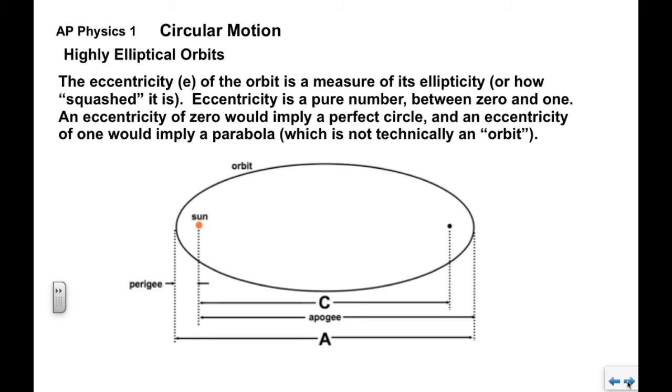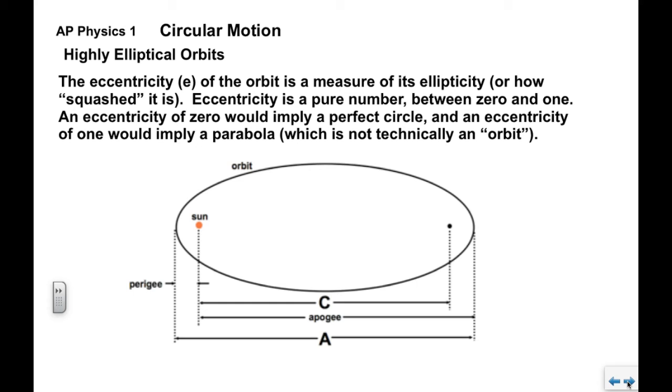The eccentricity of the orbit, which is given the symbol lowercase e, is a measure of how elliptical it is, or how squashed and elongated it is. Eccentricity is a pure number between 0 and 1 for our purposes. An eccentricity of 0 would imply a perfectly circular orbit.